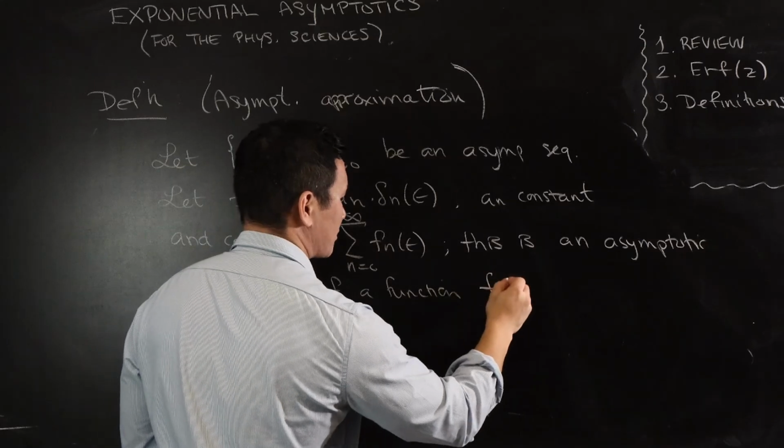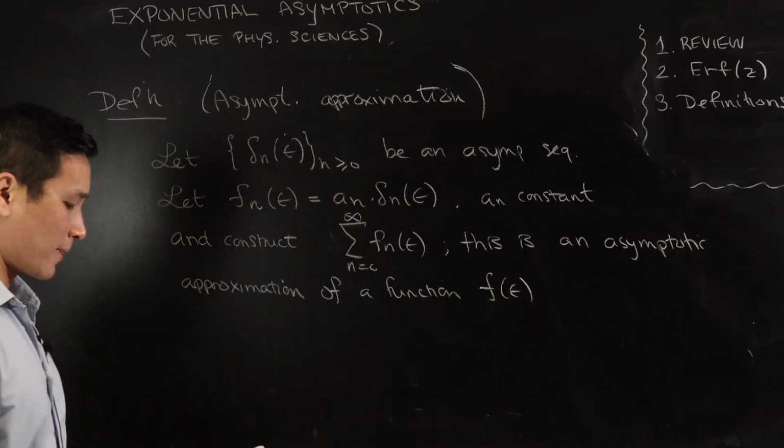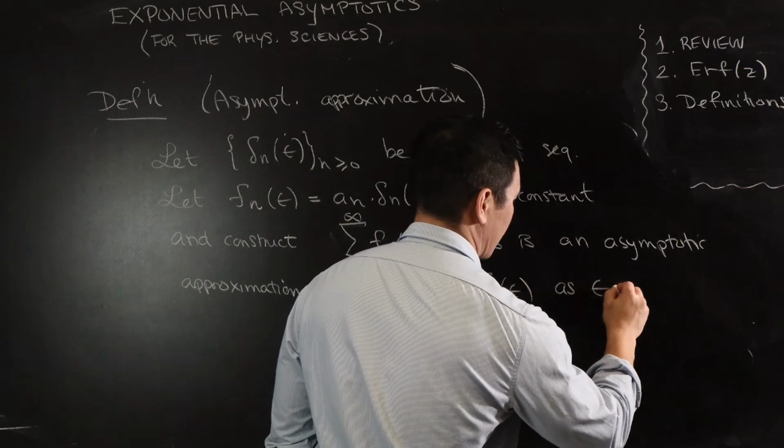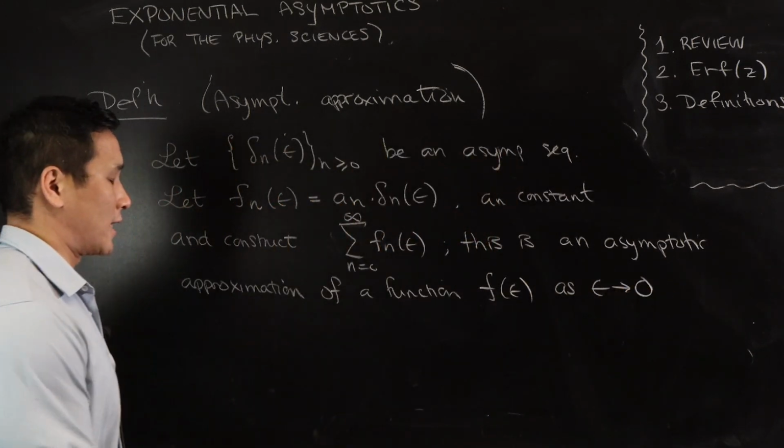Let's say f of epsilon is the true function. This always has to be given in terms of a limit, so you're always taking some limit of epsilon tending to 0.